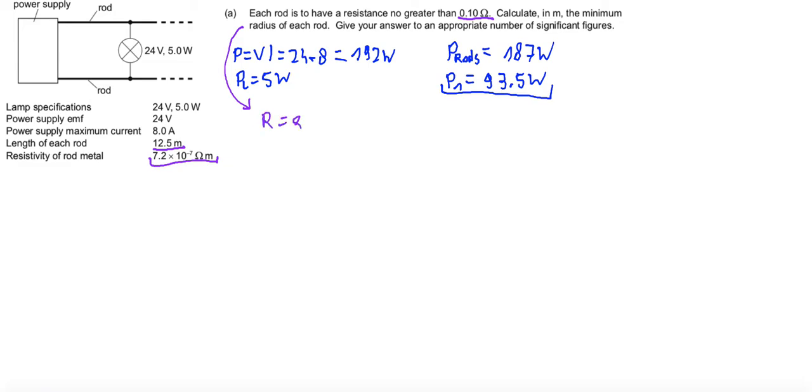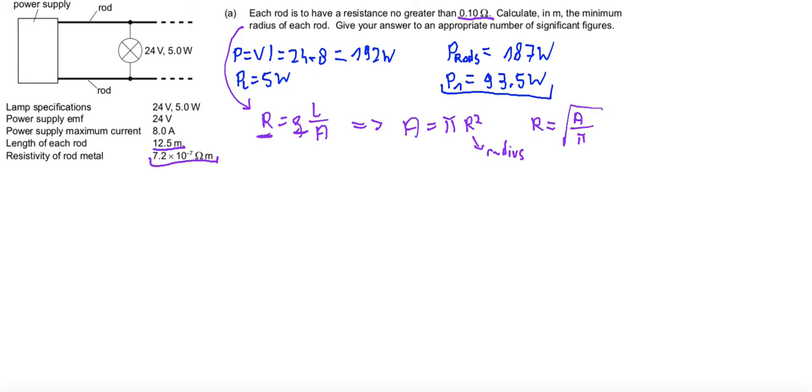Resistance is resistivity times length over cross-sectional area, and resistance is given, resistivity is given, length is given. By using this equation you can calculate the cross-sectional area, and of course the area is pi r squared.